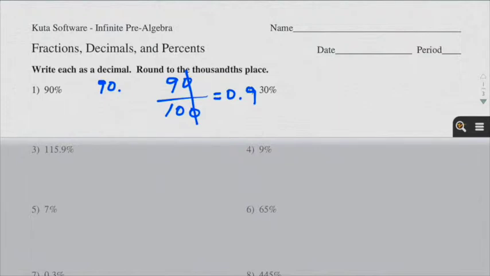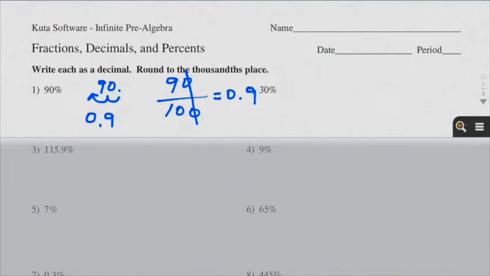So we should get that when we do this form right here. Okay, so we move the decimal over 1, 2, and our new number is 0.9, and that's one method of converting a percent into a decimal. You can also do it the fraction way, like I did on the right side of the problem, and convert it into a decimal that way.